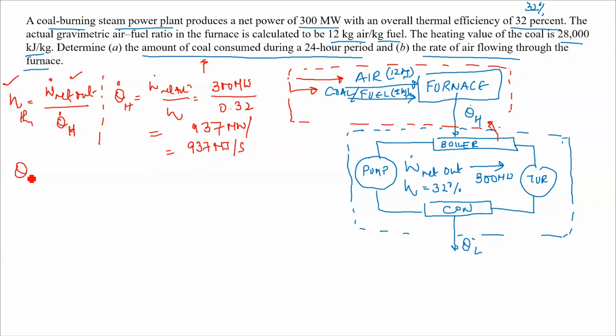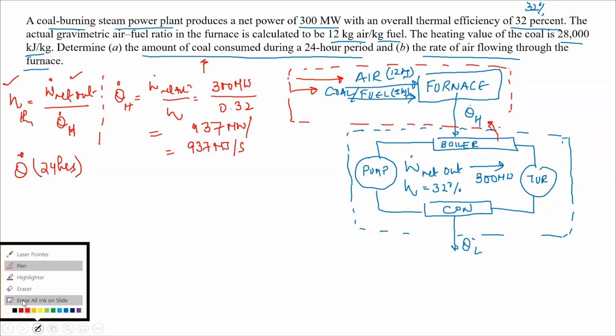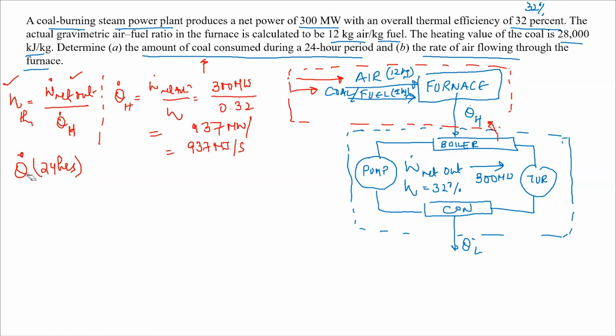Can I find Q dot for 24 hours? Or sorry, not Q dot, it is QH. Yes, sir. Can I find QH for 24 hours? Sir, multiply by 3600 multiply by 24.